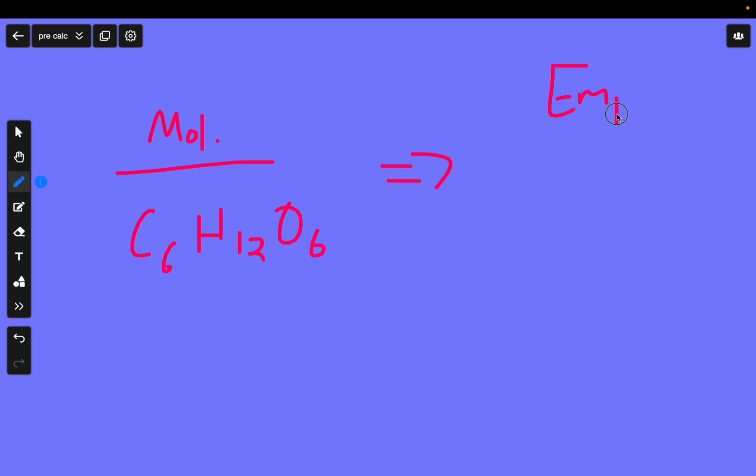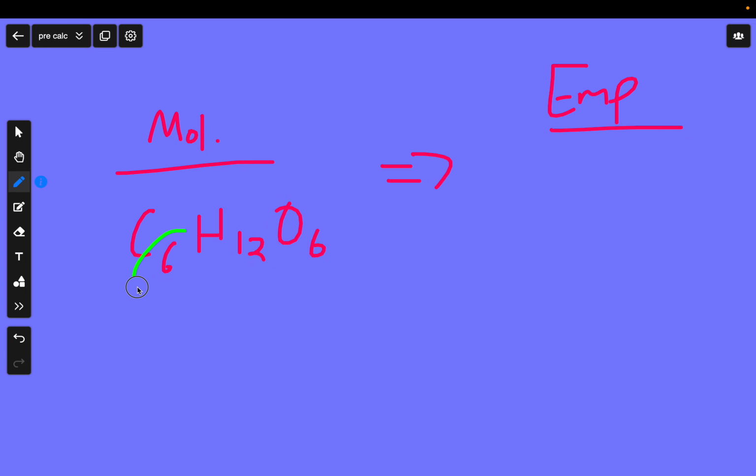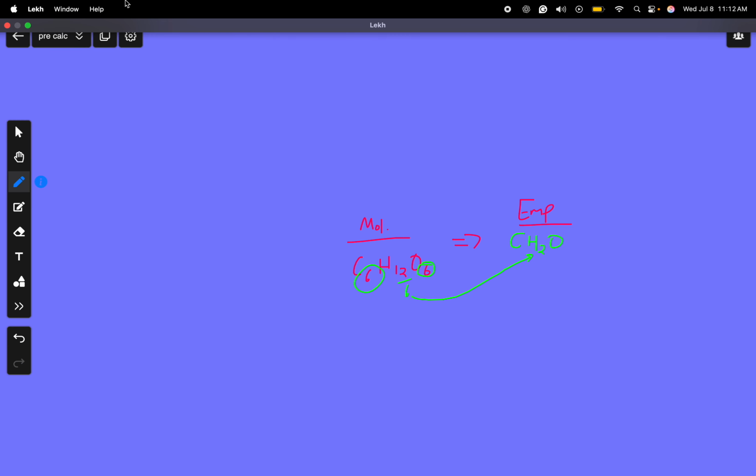The empirical, on the other hand, will look something like this: you can pull a 6 out on all of these, so it'd become CH2O. Because 6 divided by 6 is 1, 6 divided by 6 is 1, and 12 divided by 6 is the 2 right there. Cool beans.